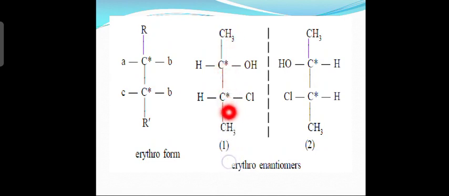Here R and R' are also common, that means methyl groups are present. Now, this is the mirror image, OH facing towards each other, Cl facing towards each other, but H and H are present on the same side. So, these are examples for erythro enantiomers.